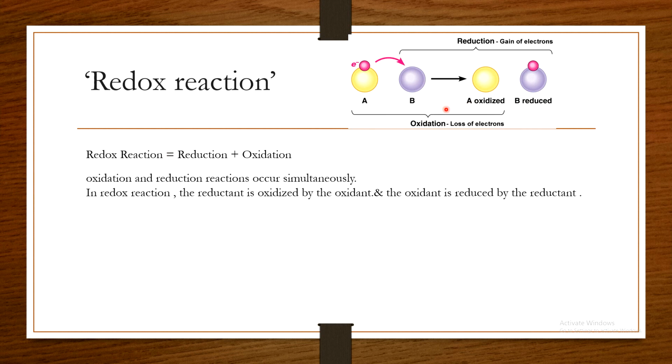Here, reductants are oxidized by oxidants, and oxidants are reduced by reductants. For example, H2S is given, and SO2, sulfur dioxide, is given, so it will form 3 sulfur plus water.